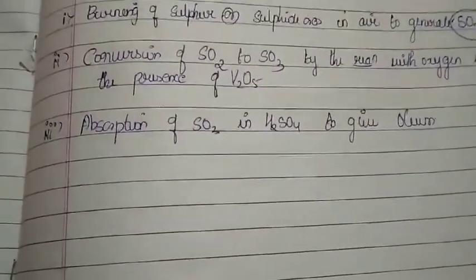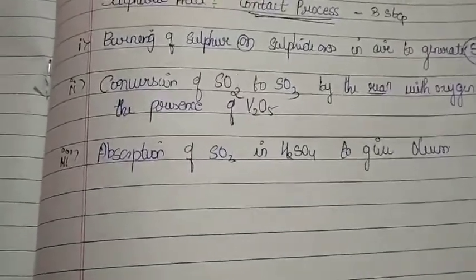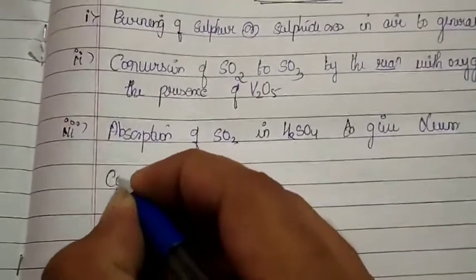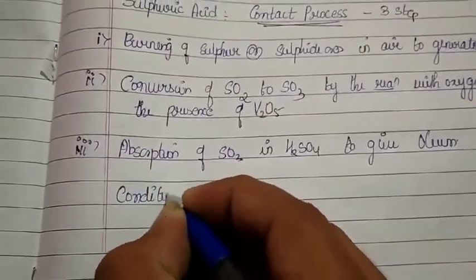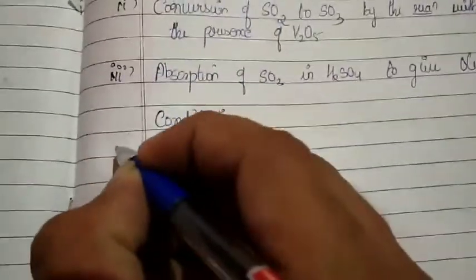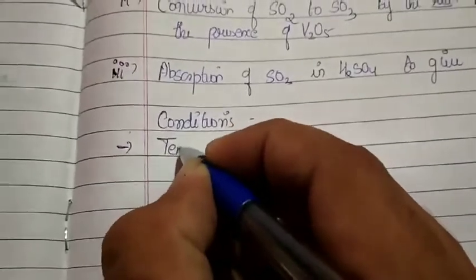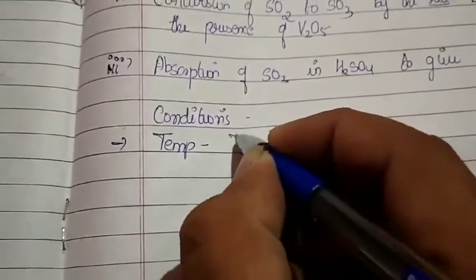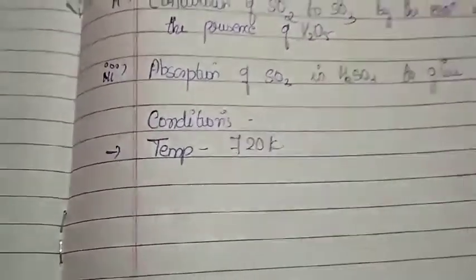Whenever we are dealing with any industrial process, there is always a need to understand the conditions which result in the maximum yield of our product. Similar is the case with the contact process. What are those conditions? First of all, you have to maintain a temperature in the range of nearly 720 Kelvin. You have to start your process at 720 Kelvin.